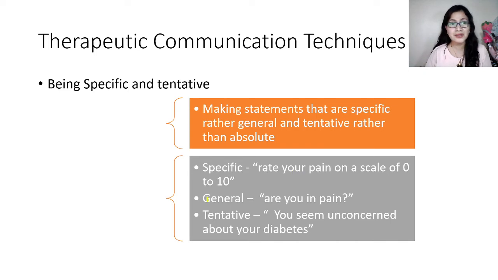General is, are you in pain? Yes or no, answerable with that. Tentative, you seemed unconcerned about your diabetes. So that is tentative. Be specific and tentative if and when you want to explore more of the client's condition, having this tentativeness.